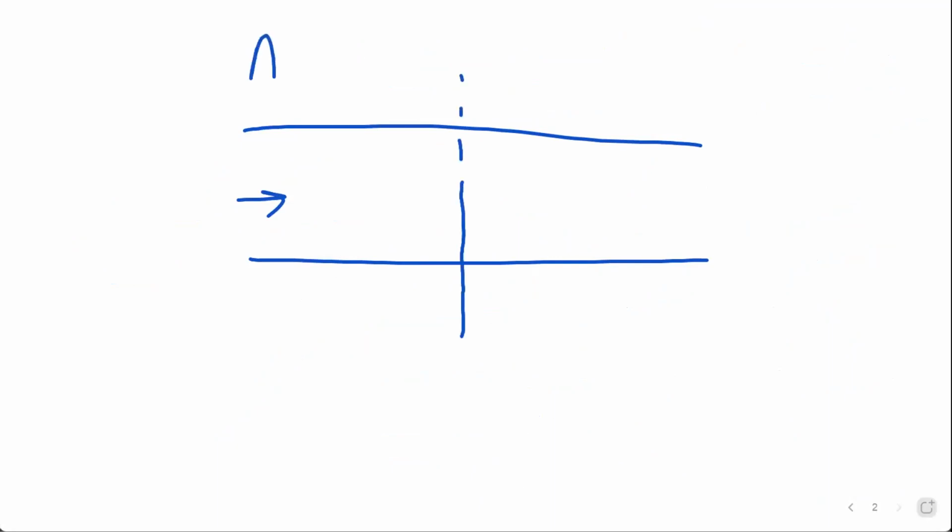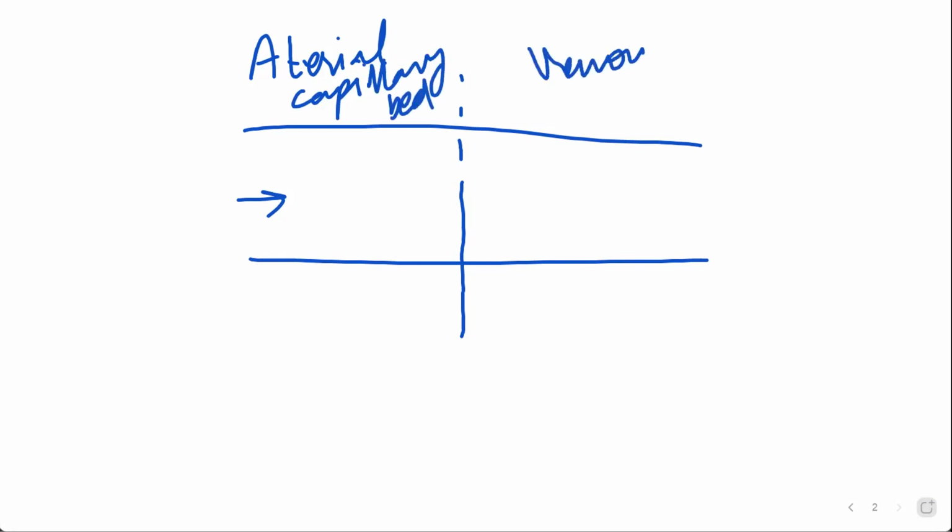Half of it is near the arteries, so that will be called the arterial capillary bed, and this one is called the venous capillary bed. Are you getting me?